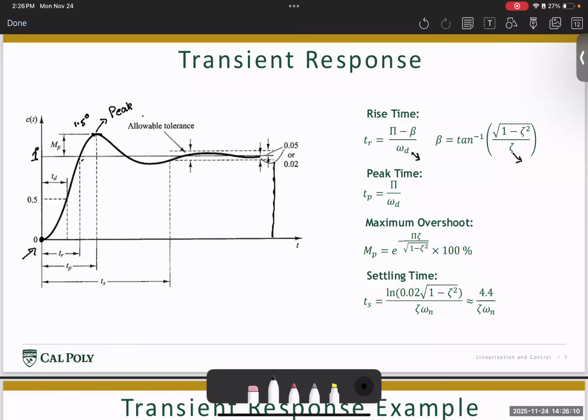In practical cases, let's say you want to reach a desired state of 1 degree of pitch, you allow an error margin of about 2%.